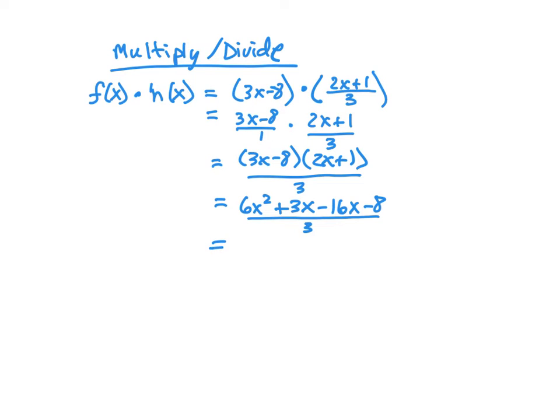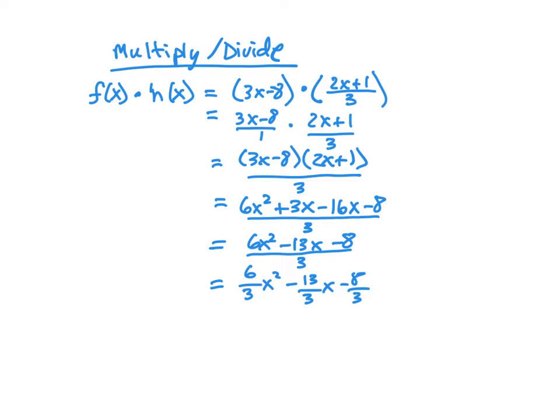All I have to do now is simplify, combine like terms, and I end up with 6x squared minus 13x, so negative 16 plus 3, and then minus 8, all of that over 3. I can take this further if I want and divide each individual term by 3, so that would be 6/3 x squared minus 13/3 x minus 8/3.